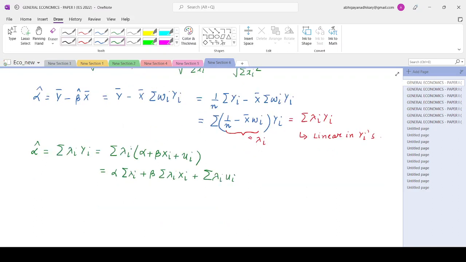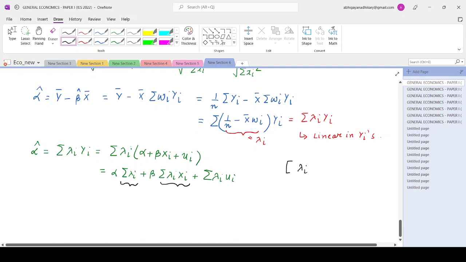So once again, we need to get to these expressions. What is my summation lambda i? What is my summation lambda i xi? And what is the definition of lambda i? Let me just write it down once more. It is 1 by n minus x bar times wi, the wi that we have used in the computations for beta hat.